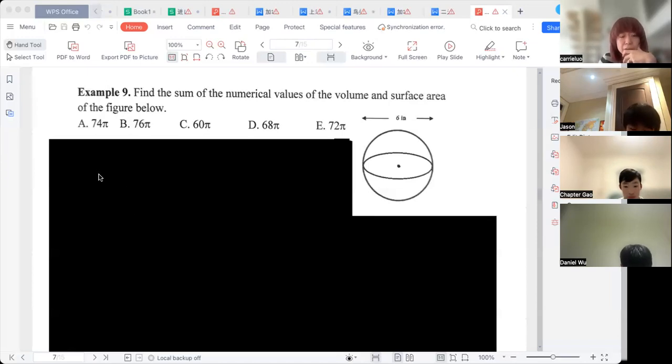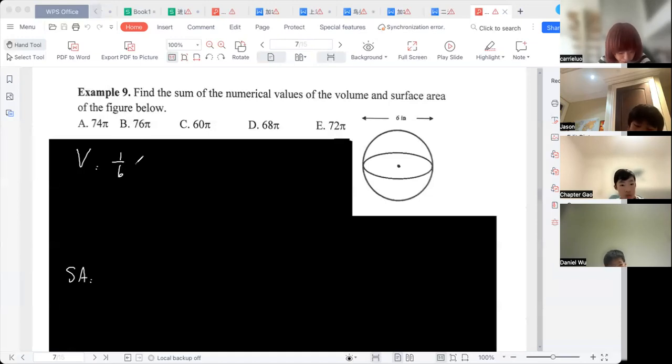So first calculate the volume, second calculate the surface area, and add them together. This one is just using the formula. How to calculate the volume? 1/6 times pi times d cubed, right? The d is 6, so 6 cubed. Get rid of the 1/6, so it's 36 pi.